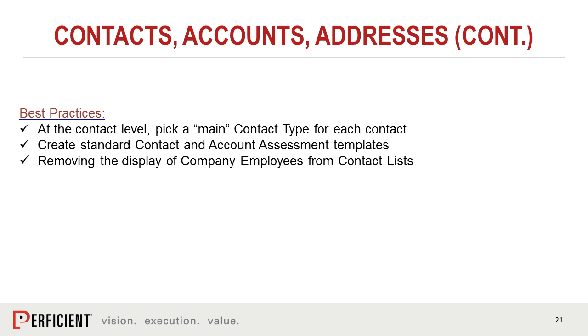The result is a decrease in the number of contacts that display in your contact list, and it also ensures that a company employee or a system user is not accidentally selected as a site contact or a contact reference. So it's purely external contacts that you're looking at.